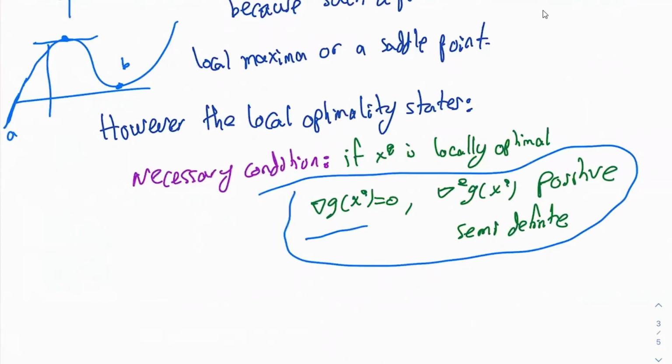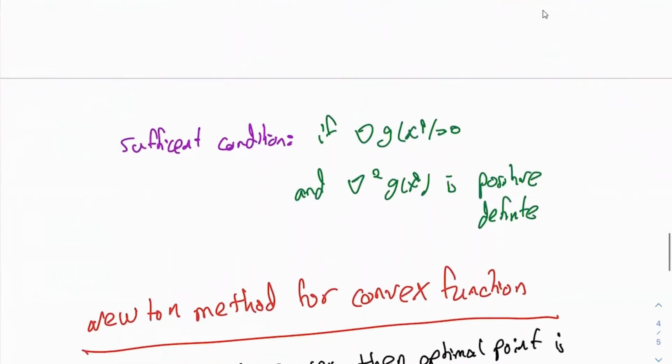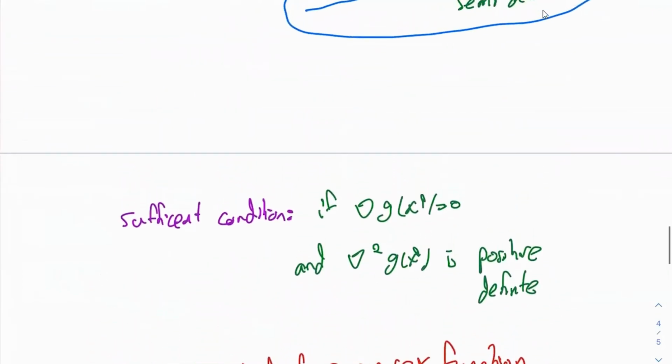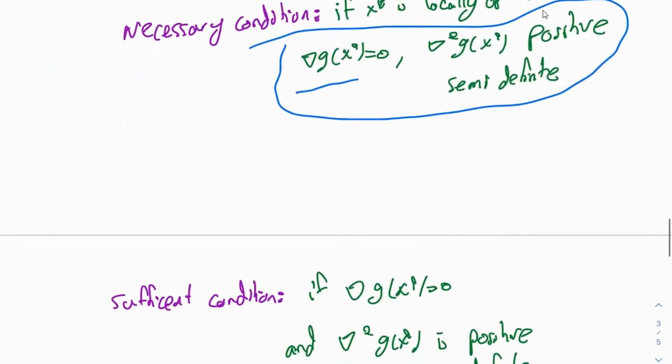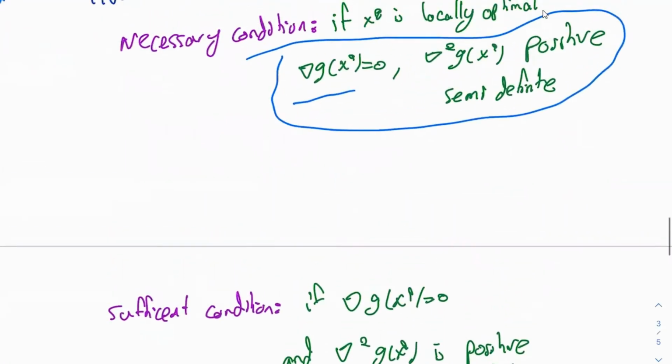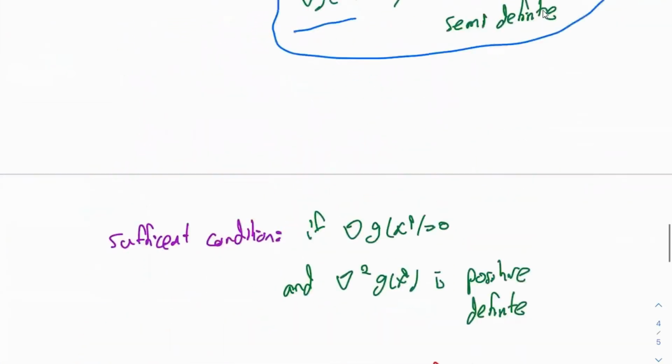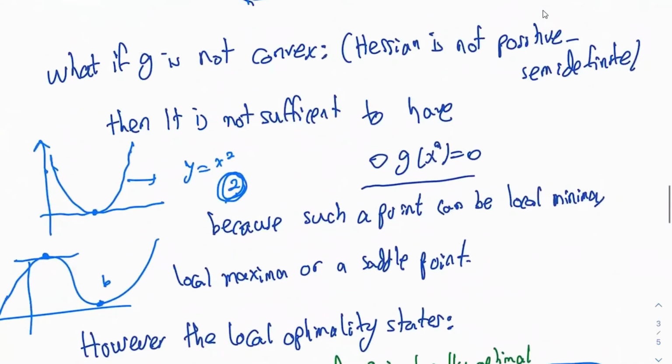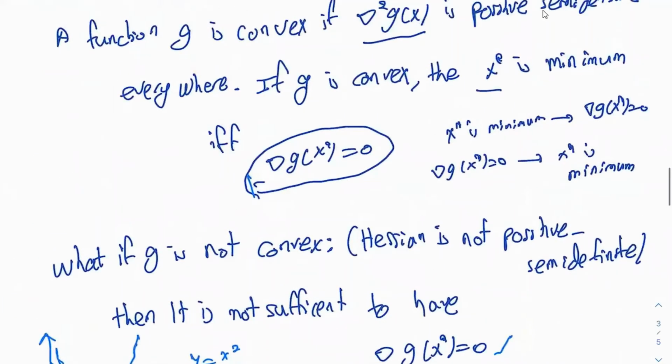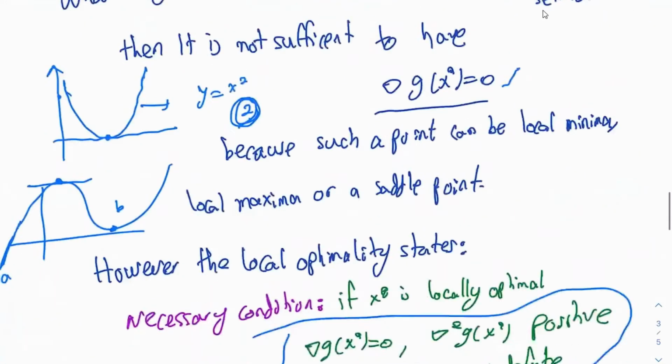But in this video, we want to stress solving a convex optimization problem through the Newton method. So these two points are good to remember for non-convex functions. Here our job is much easier because we need to focus on this point.